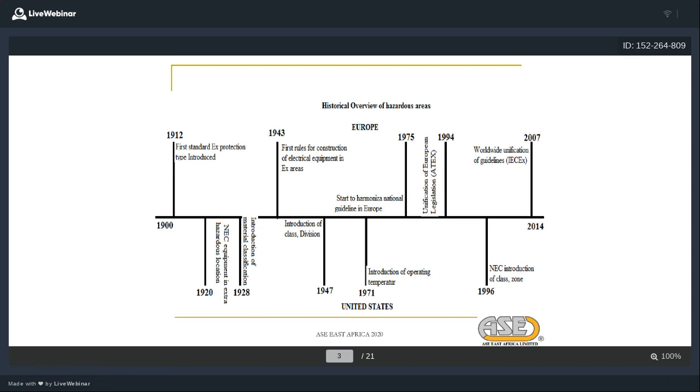And IEC started before 2007, but in 2007 they started to organize or unify a worldwide standard for equipment used in these industrial areas.